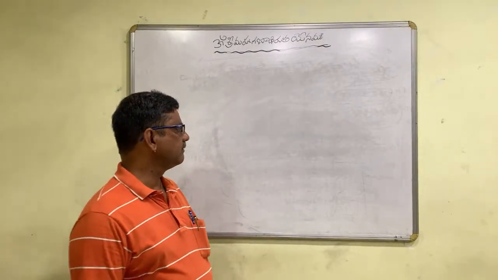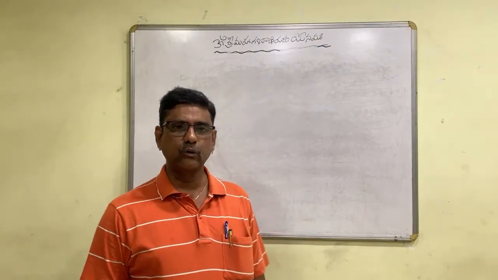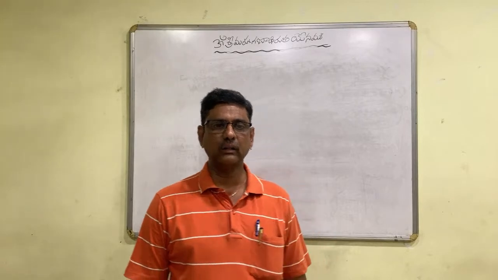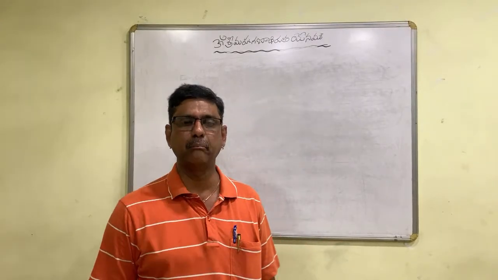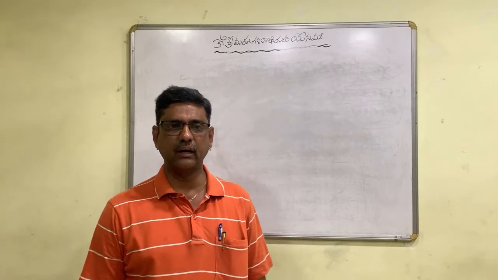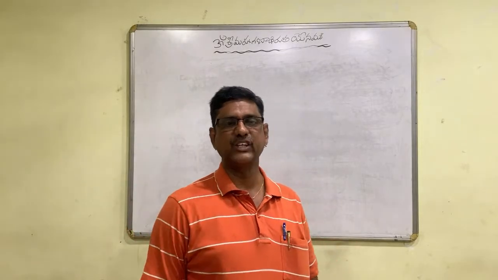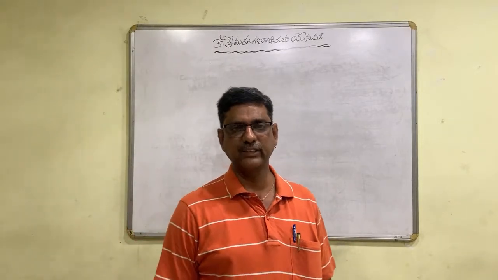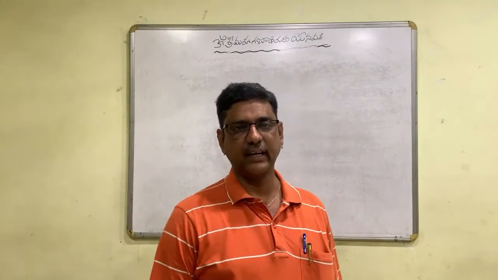We will see each and every one, because identities are a very important topic and the last topic in the introduction to trigonometry chapter. Then we need to go for applications of trigonometry. Okay children? If you are ready, we will start.